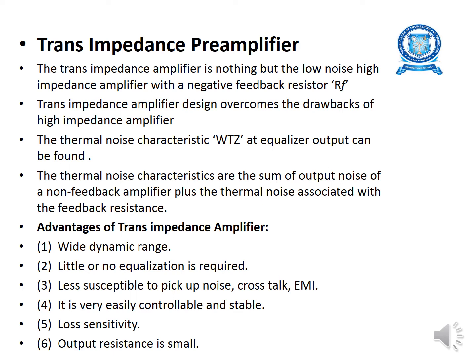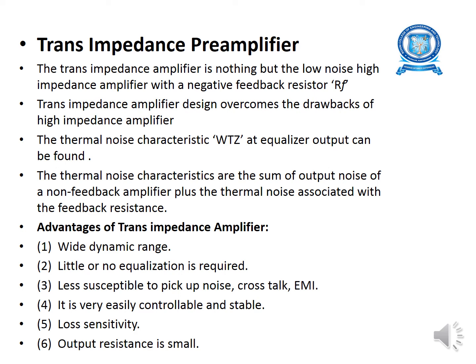The equalizer output RB' is expressed as RB' = RB × RF / (RB + RF). So the bandwidth of the transimpedance amplifier is A times that of the high impedance amplifier. Because of this, the equalization becomes easy.